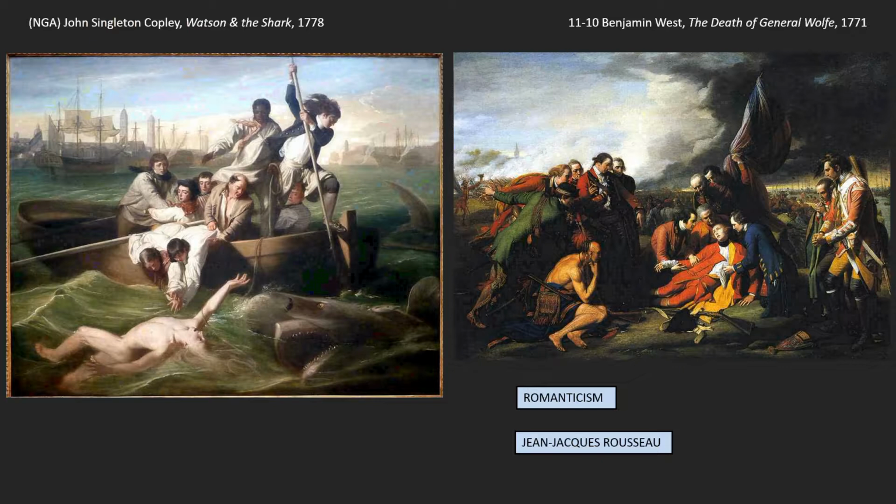Now, how do they do this? They don't just show people with chains dropped around their ankles, although sometimes that might happen. There are three basic themes, for paintings at least, this exists in literature as well, that grow out of Romanticism. And we're starting to see some of them here already.